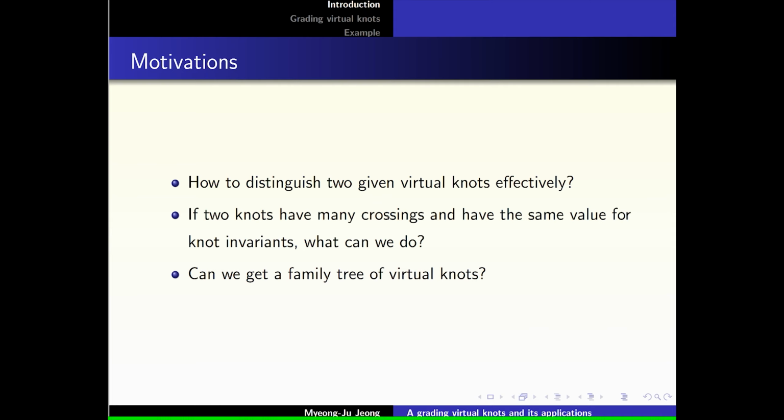So in this talk we will see some methods to compare some complicated virtual knots. And based on the grading of virtual knots, we will study a family tree of virtual knots. From the family tree, we can see a relationship between virtual knots.